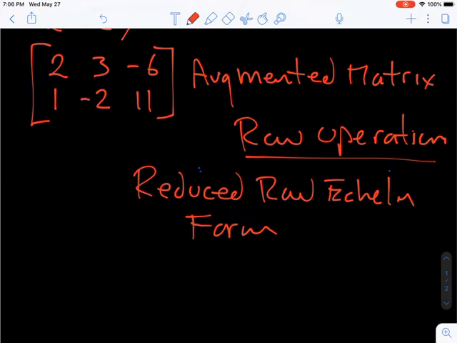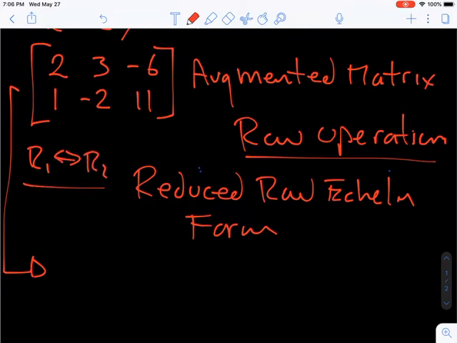So to get this started, I'm actually going to use the first row operation. I'm going to interchange two rows. I'm going to take row 1 and interchange it, that's what the little double arrow means, with row 2. And so my new matrix will look like this: 1, -2, 11, 2, 3, -6.